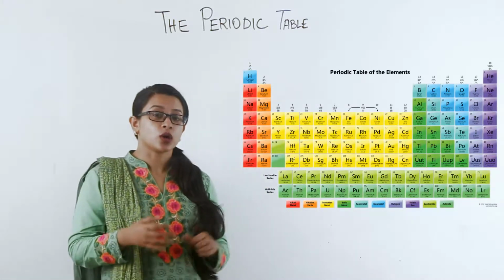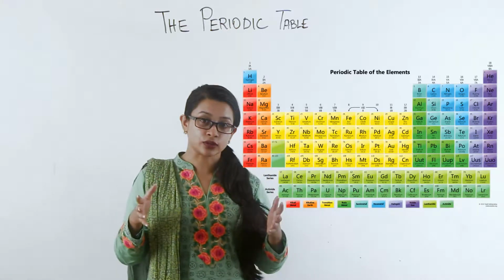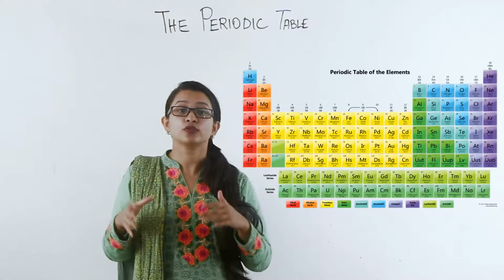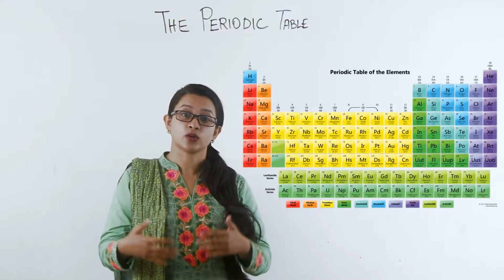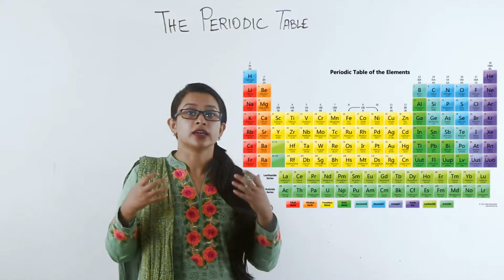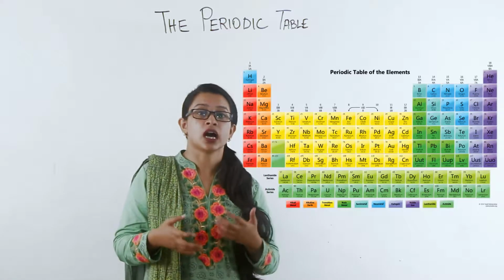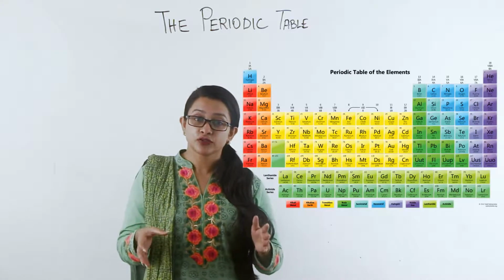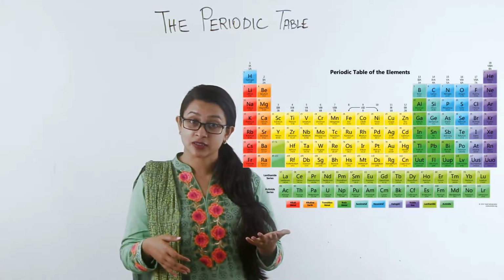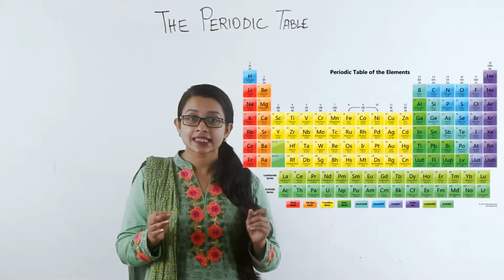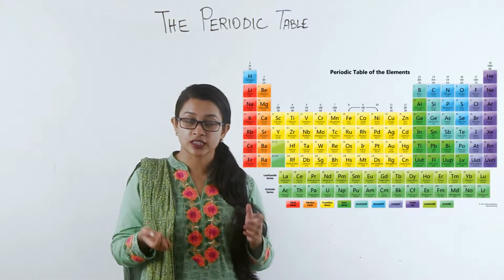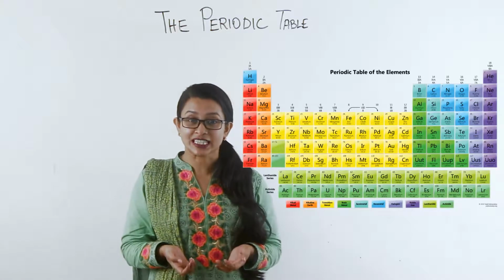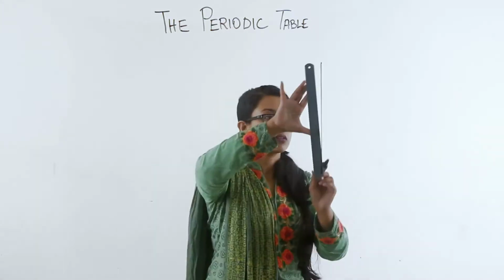So a periodic table is a table in which all the elements that we know of are carefully arranged on the basis of their outer shell electrons. So the elements that have similar outer shell electrons are classified together, and those that are different are classified separately. To dissect and understand how the elements in the periodic table are arranged is something that we will discuss right now. So let's dig in.